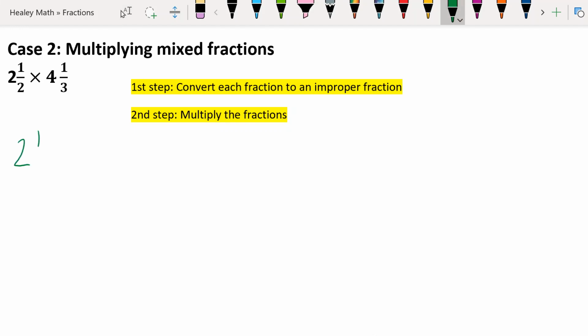If we have 2 1/2, we multiply the denominator by this whole number, 2 times 2, and you add the numerator to it, which means that we have 4 plus 1, and that's 5. So our answer will be 5 over 2.